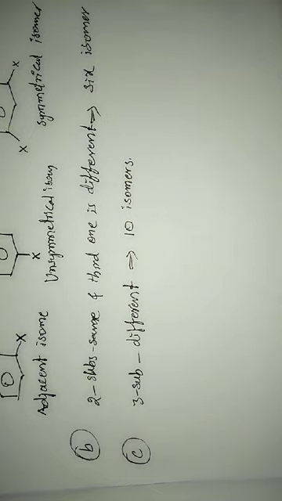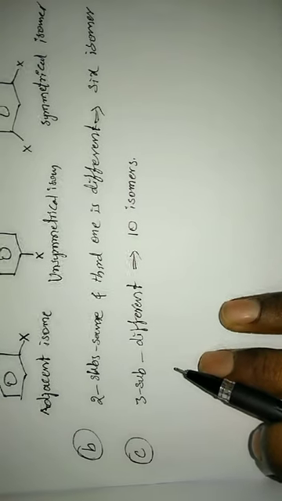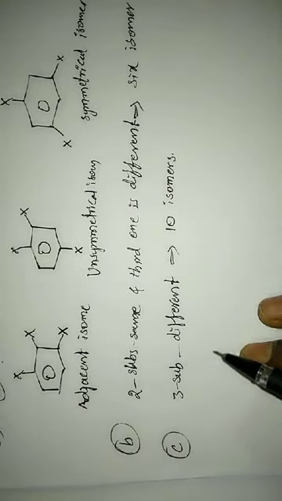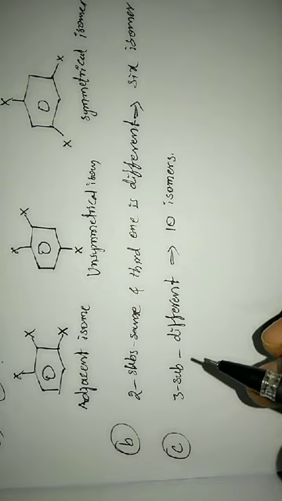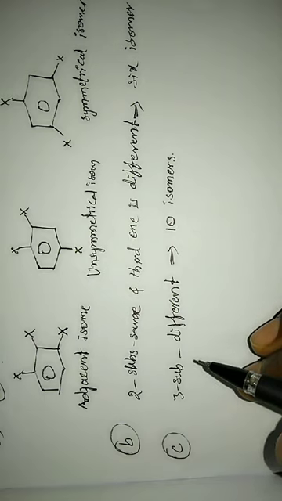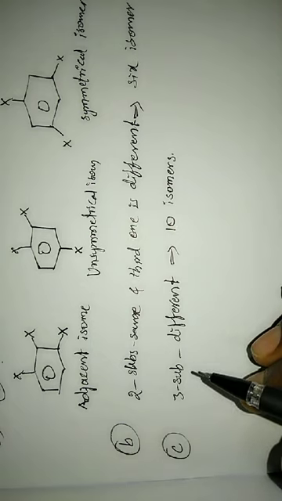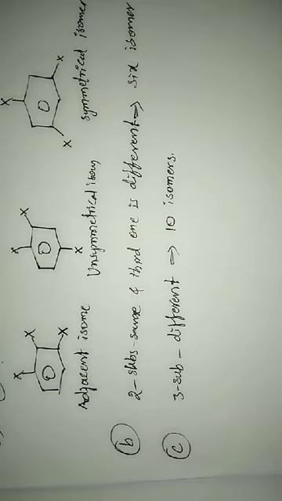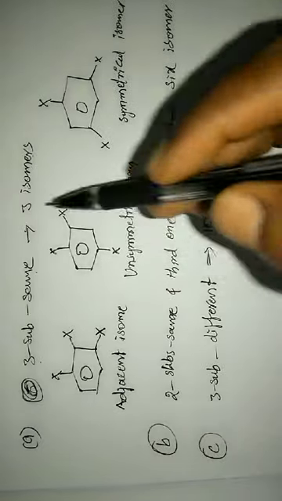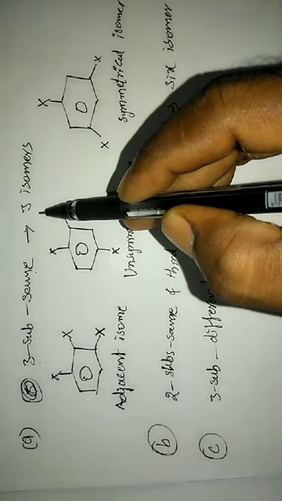Now these are the numbers of isomers in trisubstituted benzene. When trisubstituted benzene is there, you need to check whether the three substituent groups are the same or different. Based on the nature of the substituents, the number of isomers is possible. When three groups are the same, that produces 3 isomers.